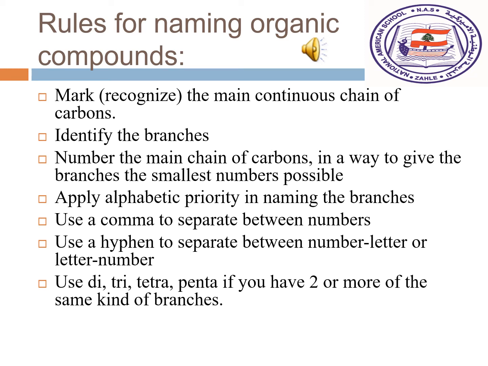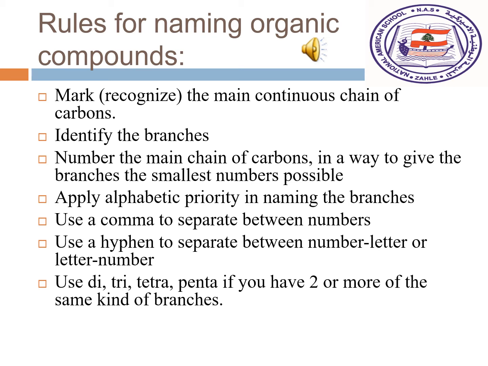Alphabetic priority means that if we have methyl and ethyl, you should name the ethyl before the methyl simply because in the alphabet the E comes before the M. We need to use a comma to separate between numbers. We need to use a hyphen or simply a dash to separate between number and letter or letter and number.